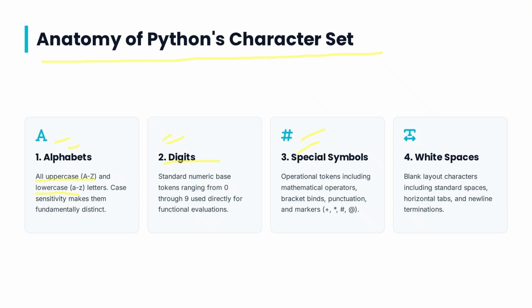You have to see this properly, because not every special symbol is legal in the character set. Operational tokens including mathematical operators, brackets, punctuation and markers such as plus, asterisk, hash or at the rate are legal tokens which can be used. White spaces: blank layout characters including standard spaces, horizontal tabs, and new line termination. All these are acceptable, and we will be learning more about this in further slides.